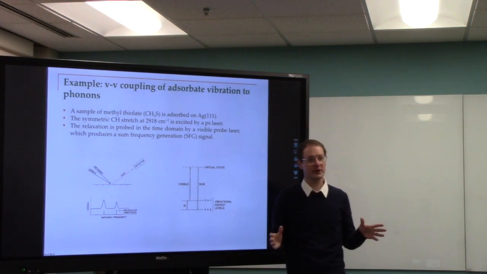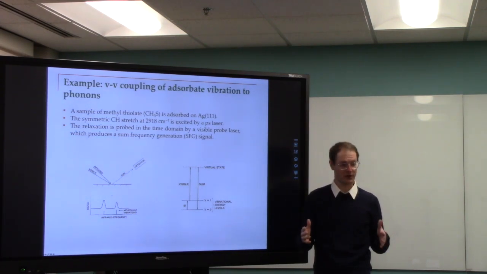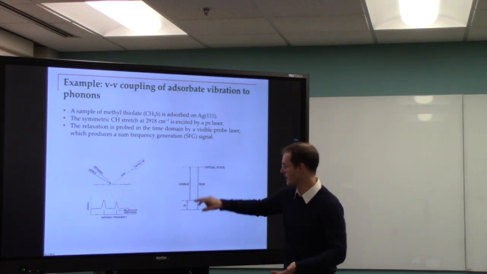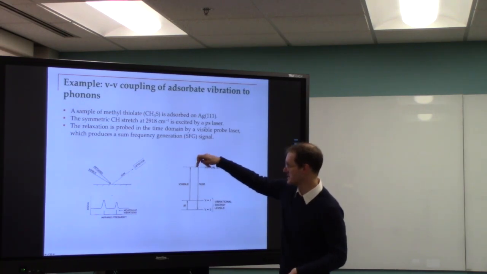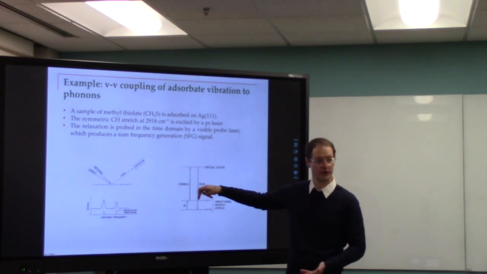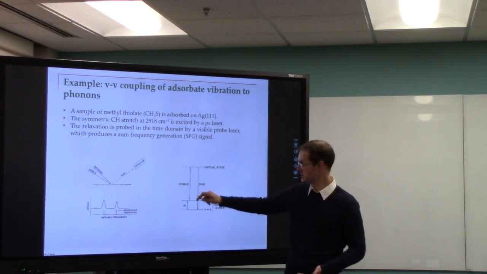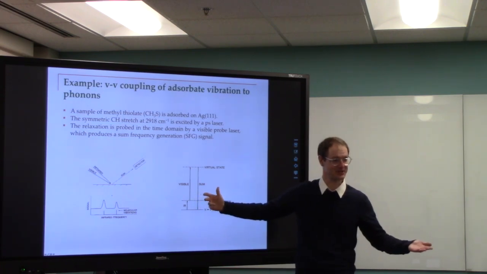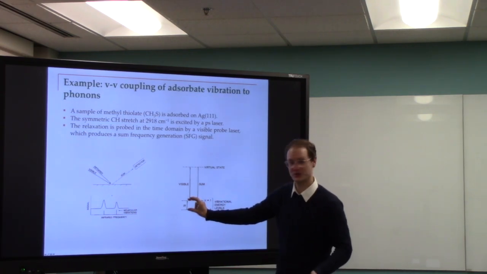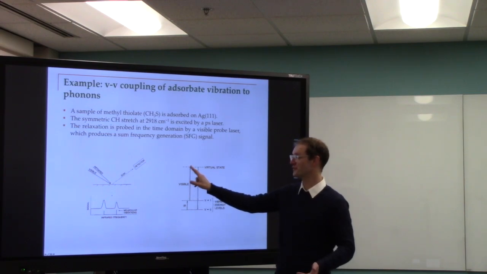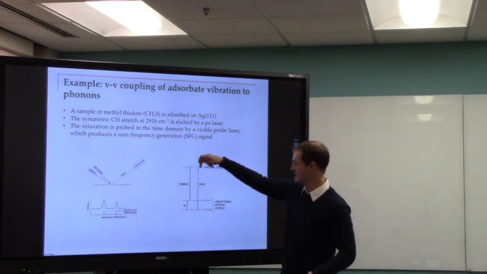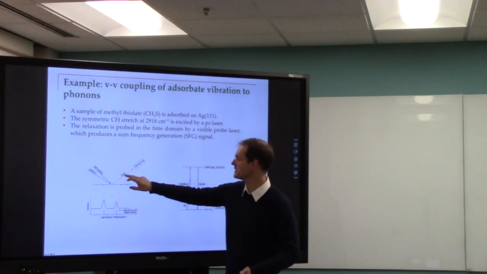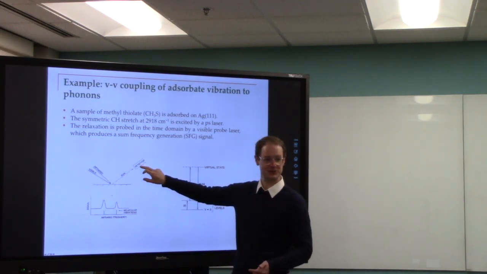You can think of it a little bit like an anti-Stokes Raman process, right? Normally in Raman spectroscopy you come in with a visible photon and then it scatters at a lower photon energy because the system gets vibrationally excited. In this case, it's the opposite process. So if the system is vibrationally excited, you can come in with a visible photon and then you'll see the sum frequency emitted. Okay, and so if you emit the sum frequency, you can detect that on a detector.